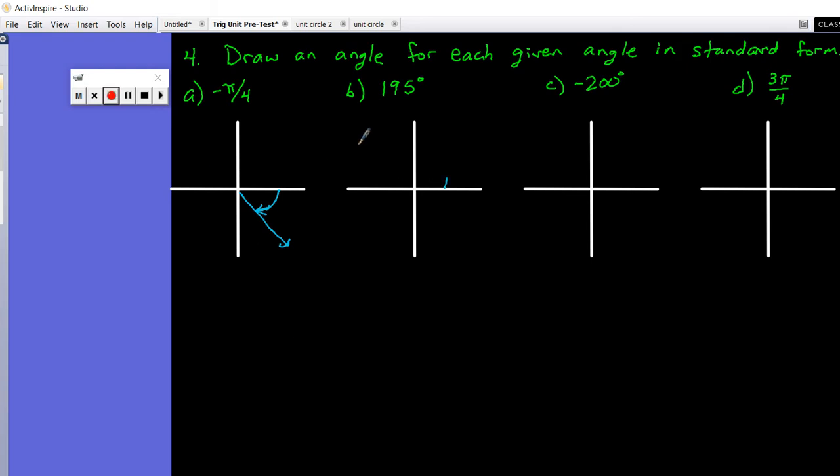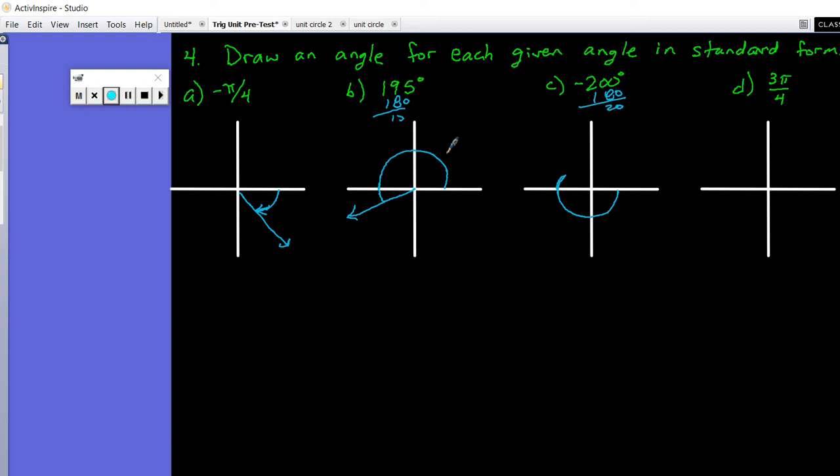195 degrees. All the way to here is 180. So if I've gone 180, that leaves me 15 degrees. So 15 degrees more. There's 195. These aren't exact, these are just rough estimates. Negative 200. So I've gone negative 90, negative 180. So if I go 180 from that, that leaves me with 20 still.